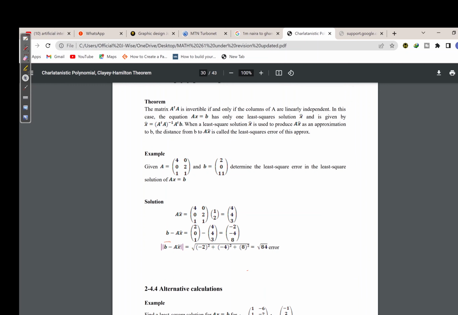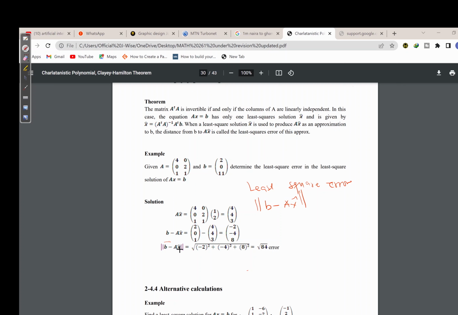The least square error is given by b minus A x hat, where x hat is the least square solution. Okay, so this is a continuation of the question. This is the second part of the question.